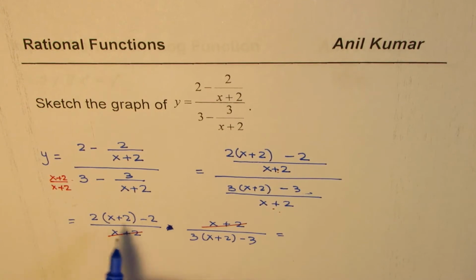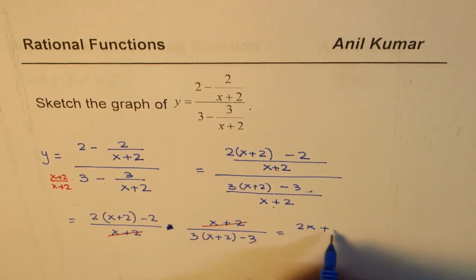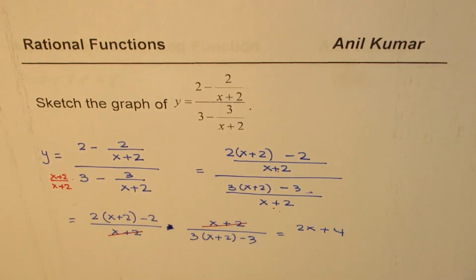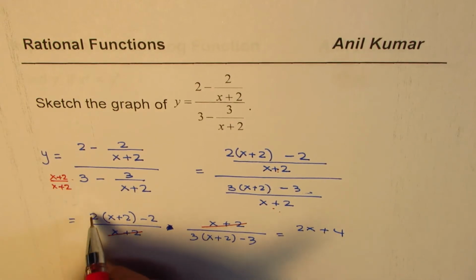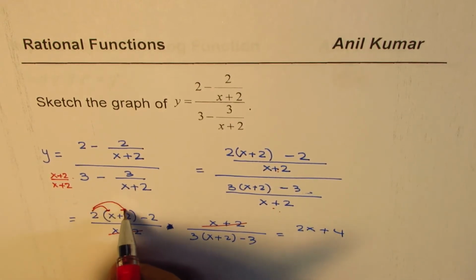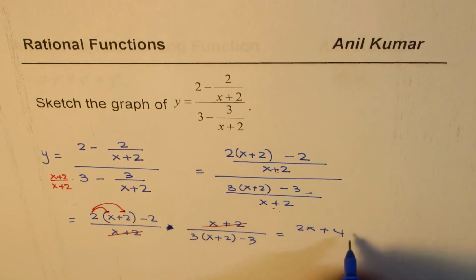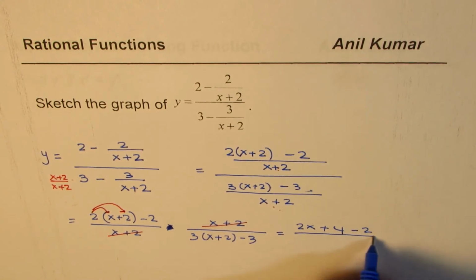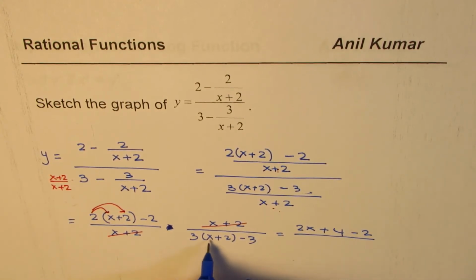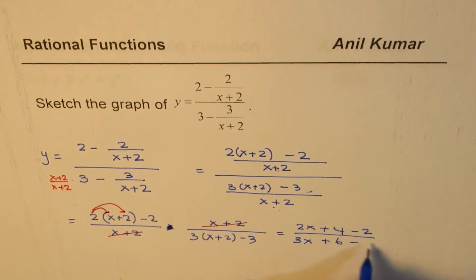So what you're left with is, in the numerator, we'll open this, applying the distributive property, 2x plus 4. So I'm multiplying this 2 with both the terms inside, minus 2. Similarly, in the denominator, we'll multiply 3 by x, that gives you 3x, 3 by 2 plus 6 minus 3.